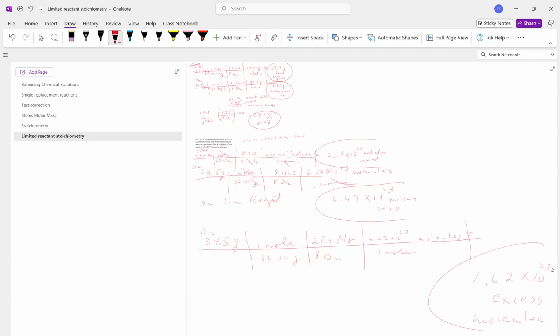Then you take what's limiting, that's what you start with for the third part. In our case, it was the oxygen that's limiting, right? And then we want to know how much of the other stuff we used up. So step 3 determines how much is actually used of the non-limiting stuff.